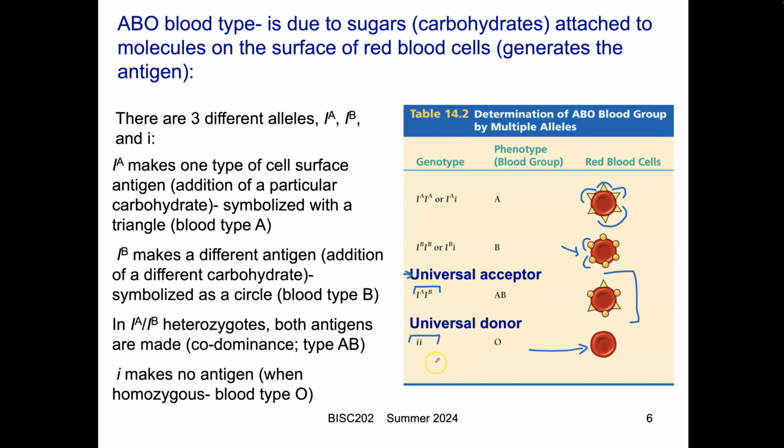However, if I'm type O, I can donate my blood to anybody and it won't cause any reaction, but I cannot receive blood from any of these other types because my immune system will look at these and go crazy, and it will start attacking the blood cells that have the wrong molecules on the surface. The immune system is responding kind of like stranger danger.